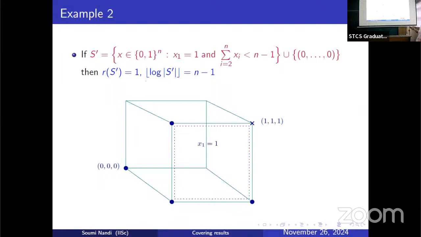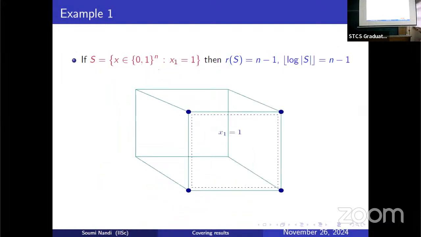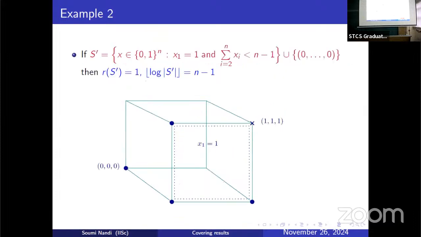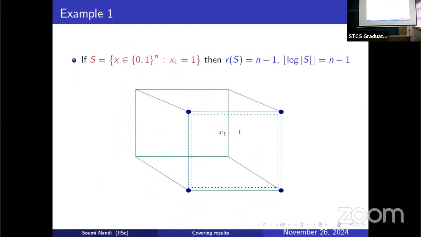For both cases, if I take this subset, it has size 2 to the n minus 1, and the previous one, where I am dropping off all 1 and instead taking all 0, has the same size, but the index complexity for that set is 1, and for this set with x1 equal to 1, the index complexity is n minus 1, very high.